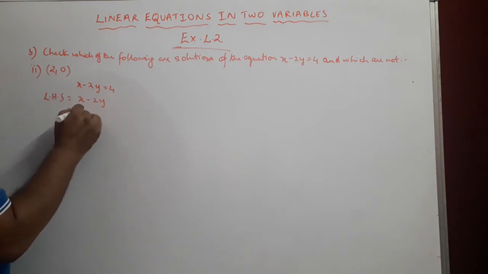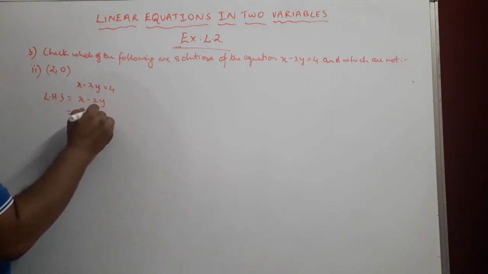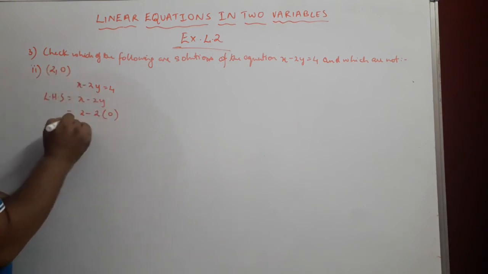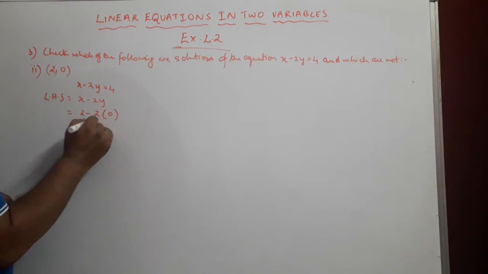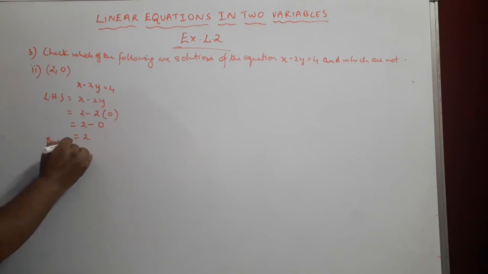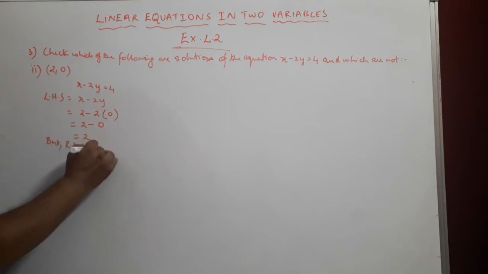So in place of x, we put 2, minus 2 into, this time y is 0. So 2 minus 2 into 0 is 0. So we are left with 2. So once again, it's not equal. RHS is equal to 4.